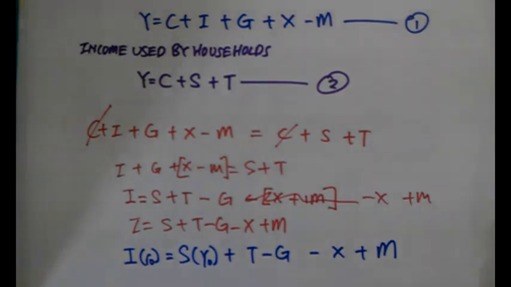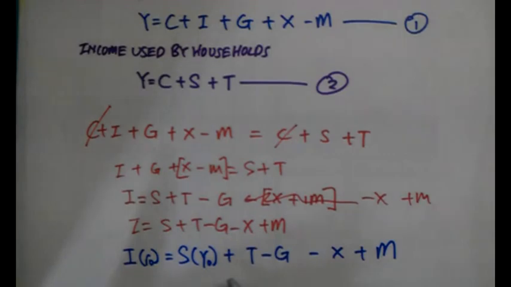Basically, it tells me that when savings has increased due to an increase in income, it makes sense, right? The more I earn, the more I can save. An increase in savings will cause an increase in investments because now there is more for me to invest.